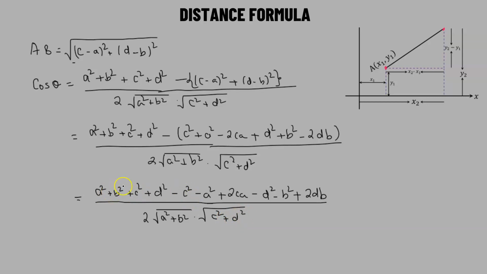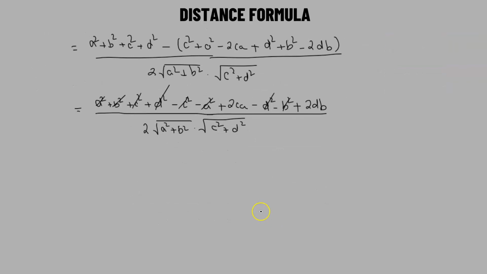Here, a squared and negative a squared, b squared and negative b squared, c squared and negative c squared, d squared and negative d squared all get cancelled out. In the numerator, we're left with 2 times (ac plus bd), divided by 2 times the square root of a squared plus b squared, times the square root of c squared plus d squared.